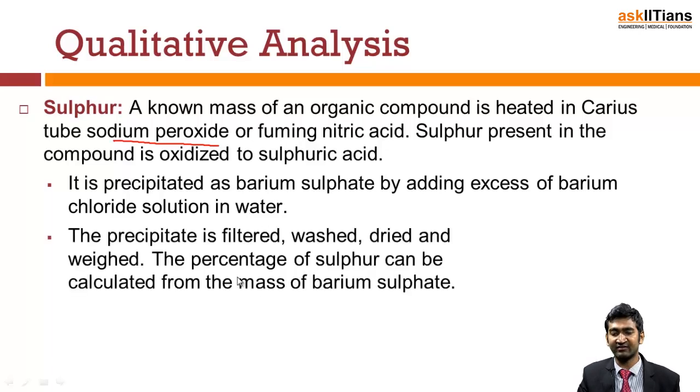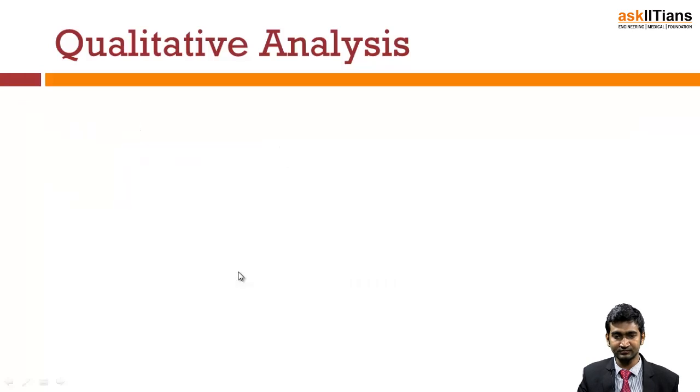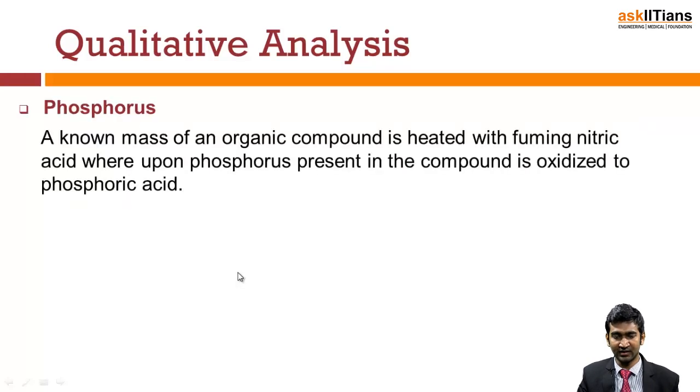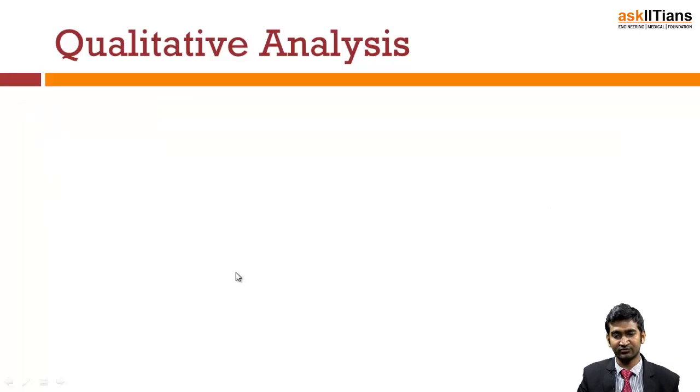That can be detected very easily, then washed, dried, and measured. Then comes phosphorus. For phosphorus also, we take that organic compound and heat it in fuming HNO3, and it is converted into phosphoric acid.